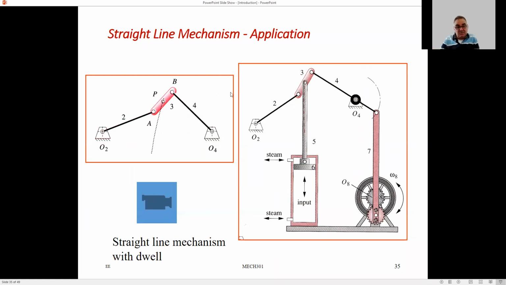But the straight line mechanism is used in the steam engine, for example, in order to make this piston go back and forth like this with the rotation. Rather, the piston goes back and forth and it converts the motion to a rotary motion, this mechanism.